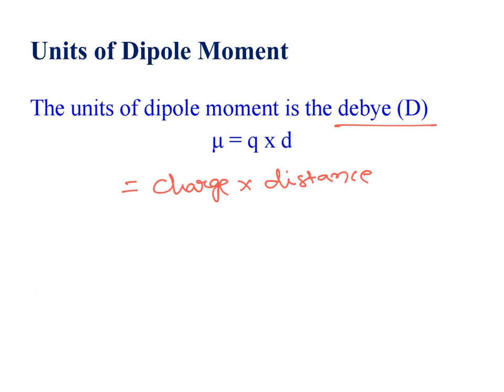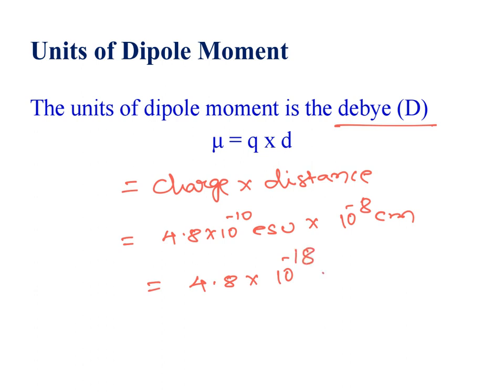Let's take an electron case. An electron has a charge of 4.8 × 10 power minus 10 electrostatic units, and 1 angstrom I am writing as 10 power minus 8 centimeter. So I am writing it in this fashion: 4.8 × 10 power minus 10 and 10 power minus 8. It becomes 10 power minus 18 ESU. Here 1 D, whatever unit we are using, is equal to 10 power minus 18 ESU centimeter.